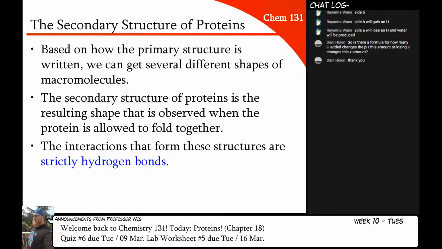So now, what holds secondary structures together? Strictly speaking, we are looking for hydrogen bonds, but the hydrogen bonds are not from R groups.